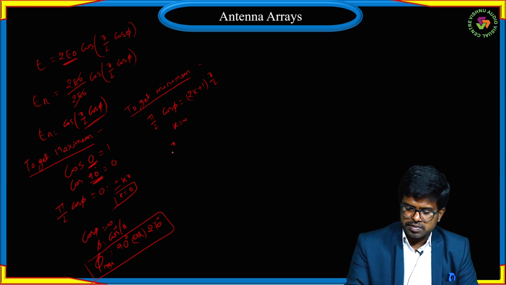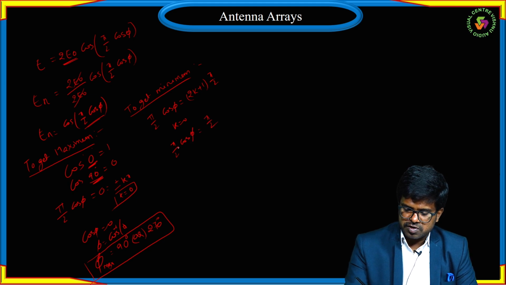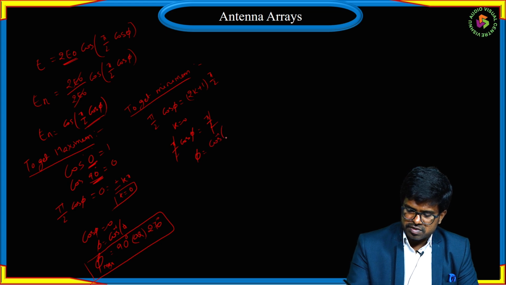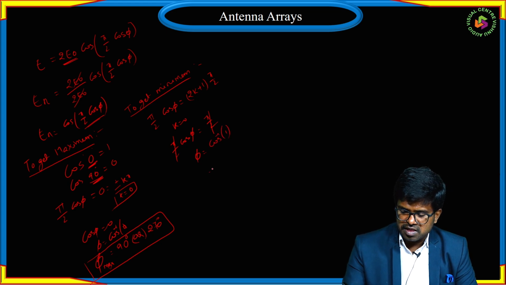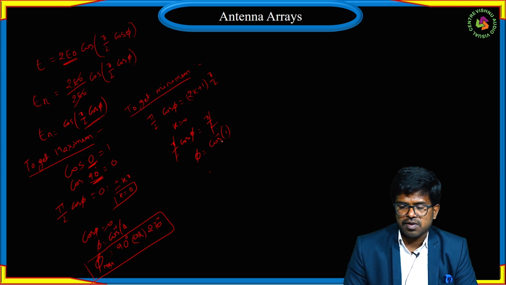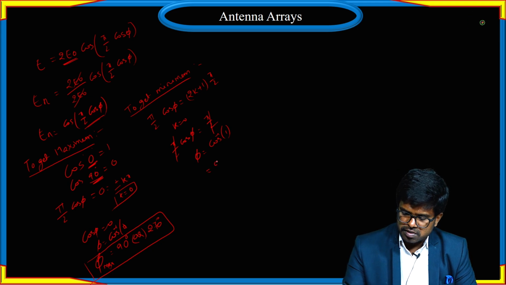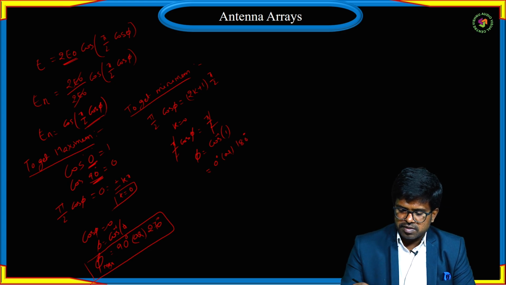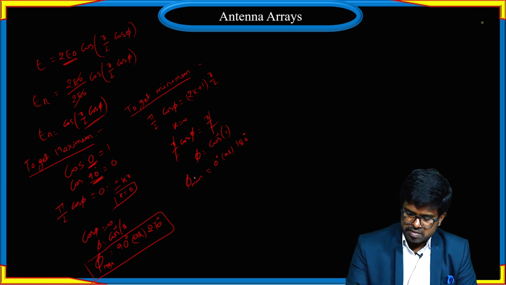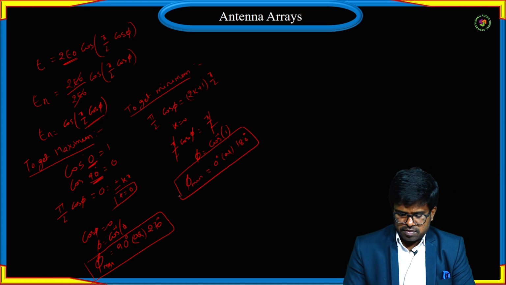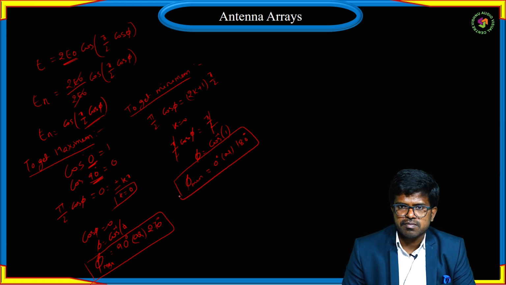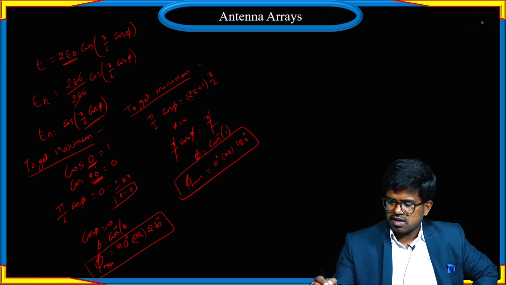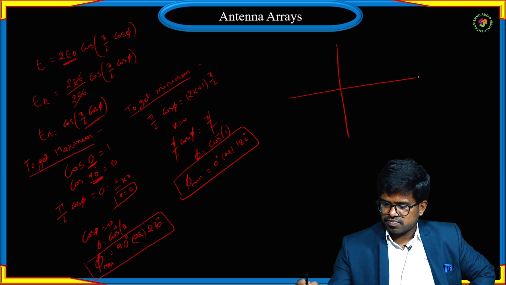Then (π/2) cos φ is equal to π/2. The π gets cancelled, so φ equals cos inverse 1. The angles for which cos is 1 are 0 degrees or 180 degrees. So these are the minimum values. We have the maximum angles and the minimum angles, so we can say that this is the radiation pattern.